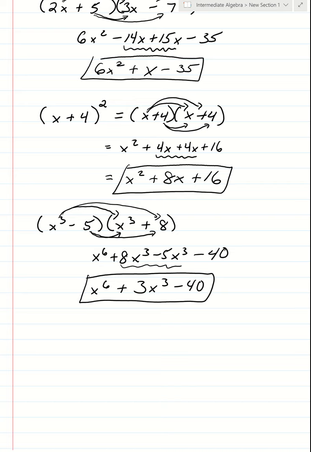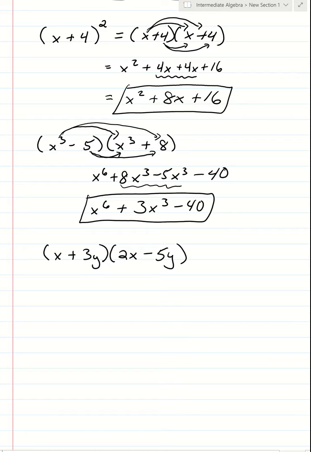Even if we had more variables than just the x. For example, I might have, let's say, x plus 3y times 2x minus, let's say, 5y. Let's take a look at an example like this, what we're going to do.